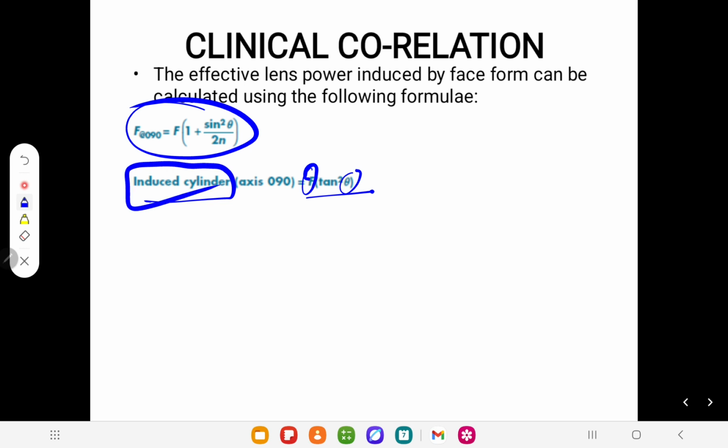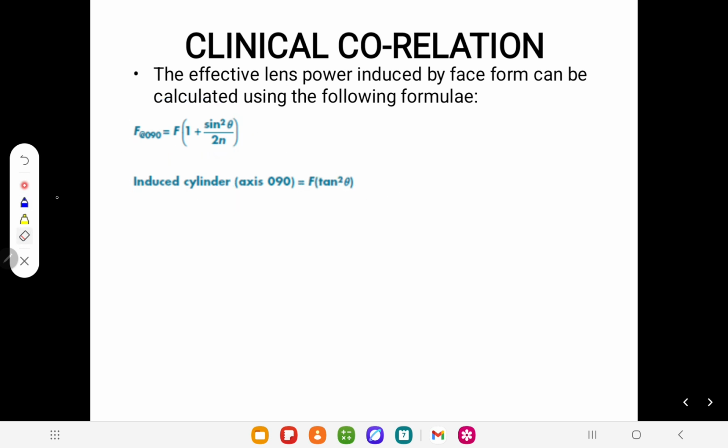That induced cylinder is definitely going to be oblique astigmatism. If you have a digital lensometer in your practical room, you can tilt the lens and see the induced astigmatism rapidly, which is a very easy practical that I used to do with my students.